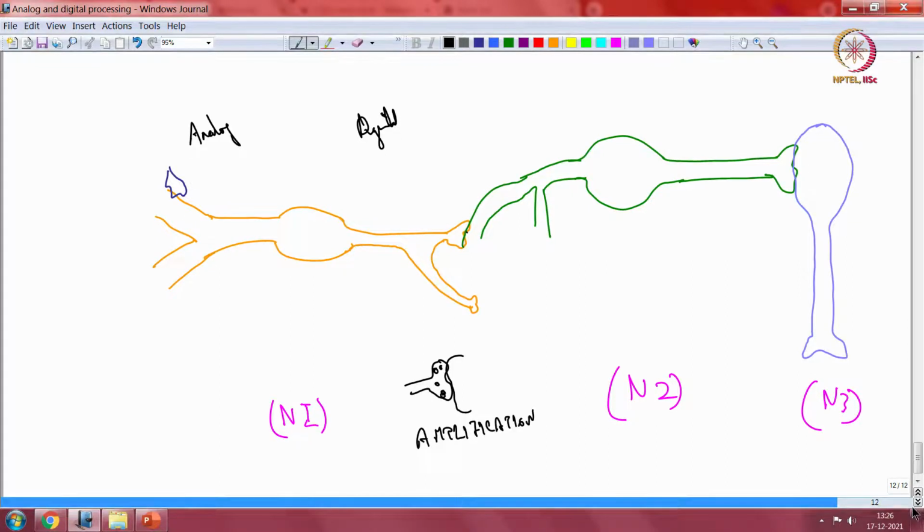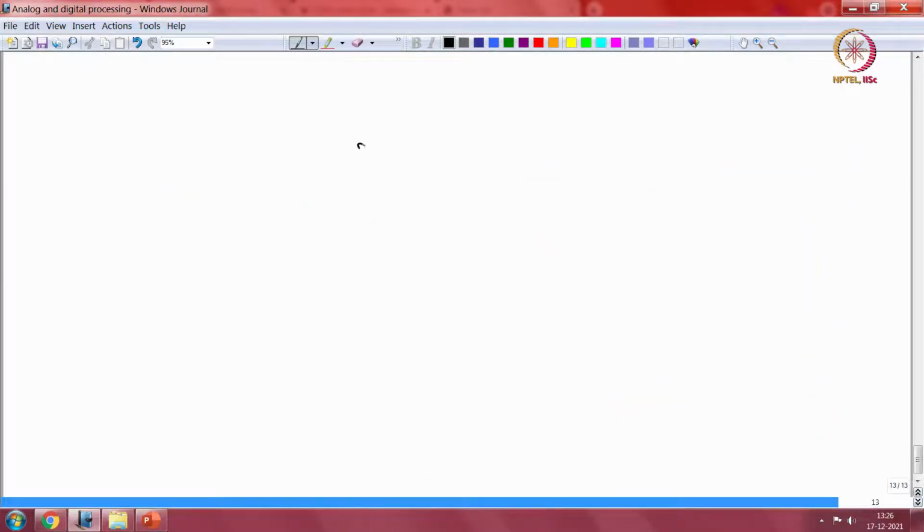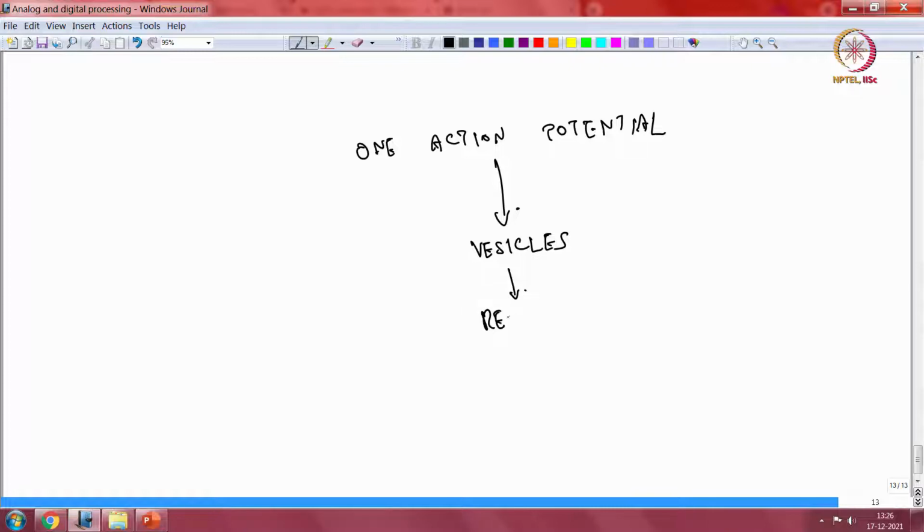What I mean by amplification is one action potential can produce multiple vesicles, which in turn act on multiple receptors.